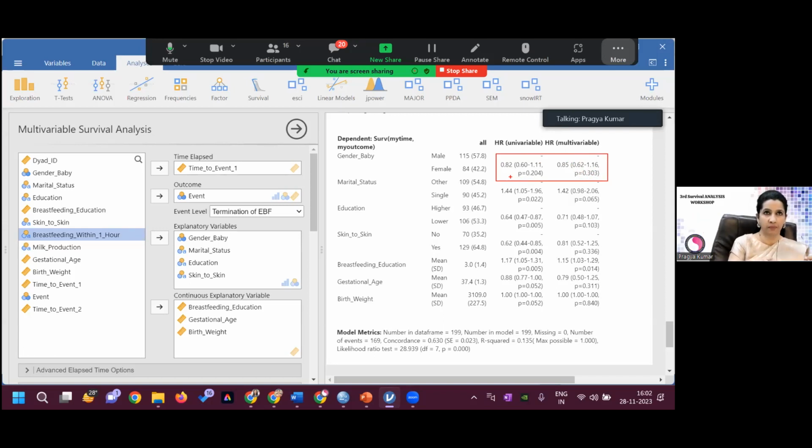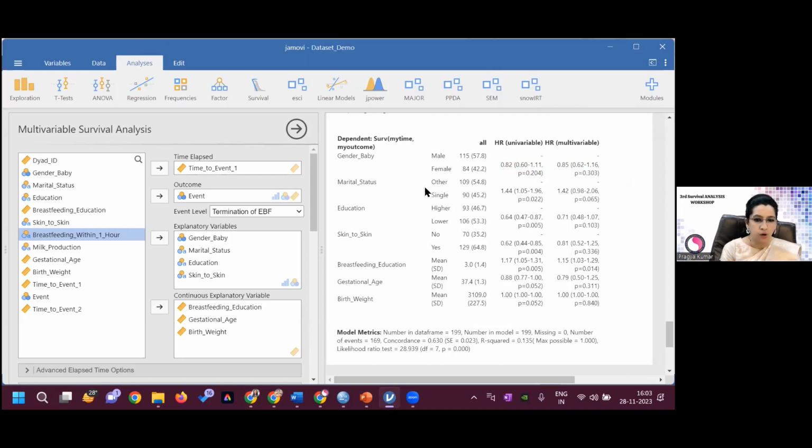Minus. So you will write that since the reference here is the male, because you can see the male is blank and this is given as female, the female had an 18% less hazard of experiencing this event, which was not significant, right?